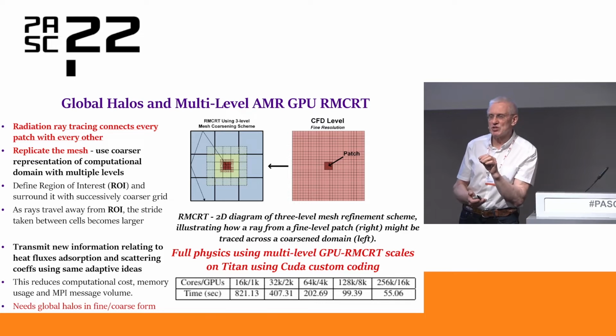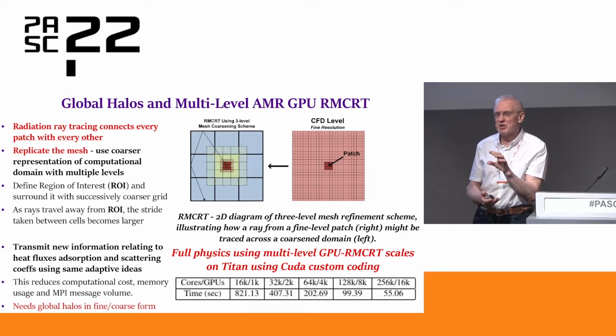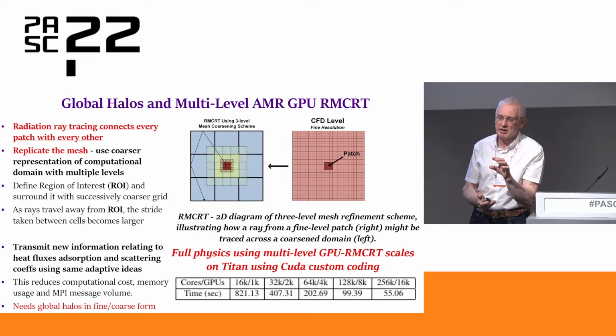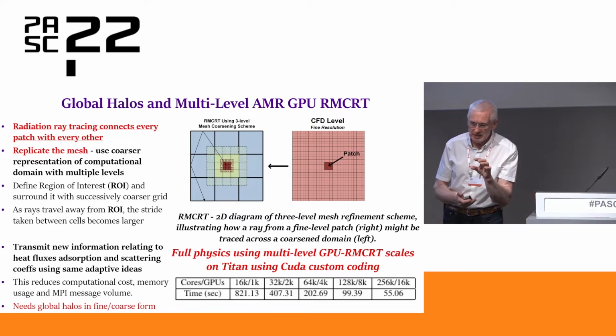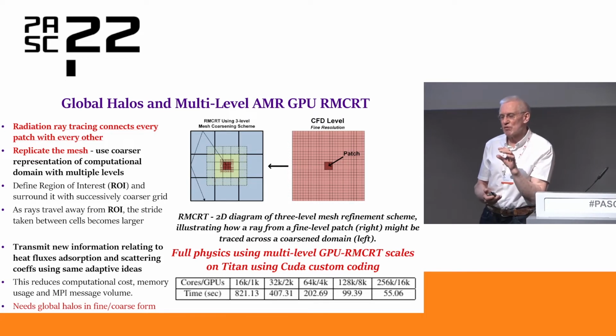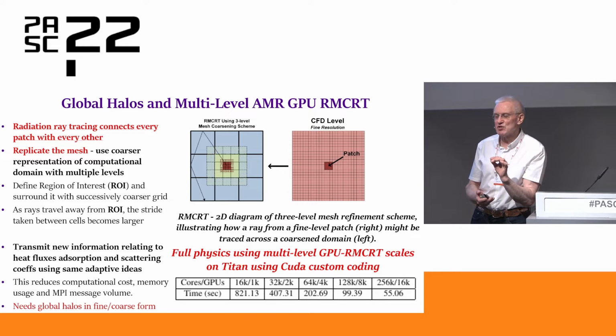And what that means is we can essentially limit the amount of communication that we do, which is the key feature in making this scalable. And even though the computational mesh that we use is very dense for the turbulence, the radiation mesh involves adaptive mesh refinement in that way, and that allows it to scale.